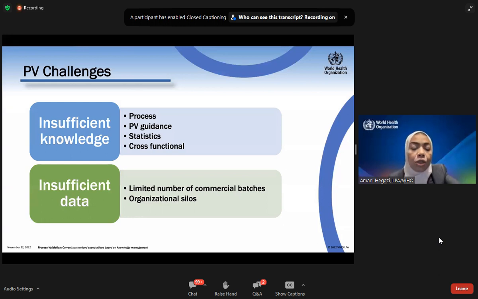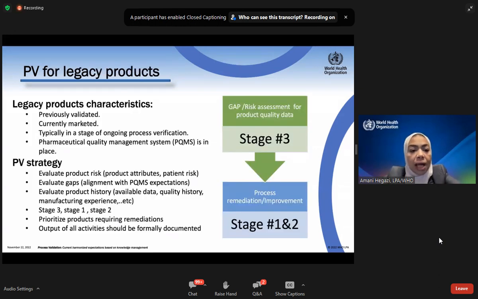There is a need for a cross-functional team, subject matter experts, involvement of engineering, and involvement of the quality unit. So the more knowledge we have, the more successful our process validation approach. This cross-functional work remains very important to gain this knowledge and minimize this challenge. And there is insufficient data due to a limited number of commercial batches or due to organizational silos.